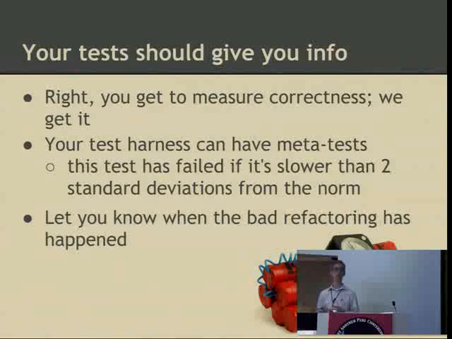Another thing you can get out of your tests is being able to let you know when a bad refactoring has happened. You can put a test in place that says, I know the current state of my system is good. This happened recently. A colleague had written a manual bit of regular expression for reformatting large blocks of text at 78 characters for email, which worked fine with Unicode characters.